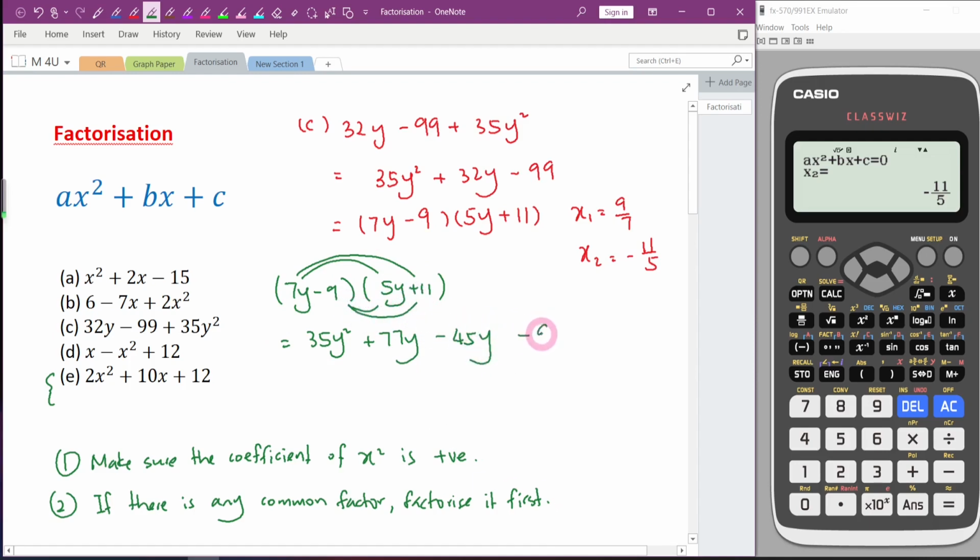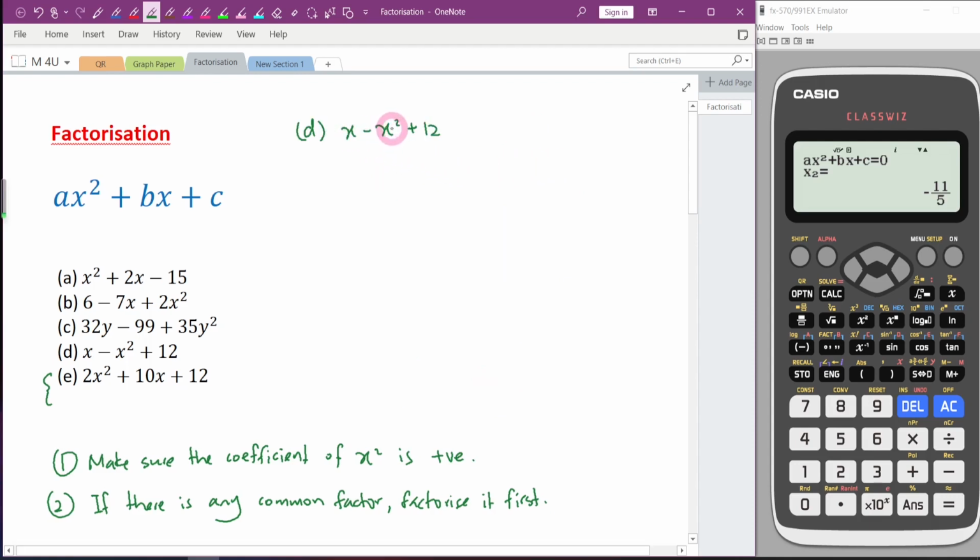Now, 35y squared. These two add up together, you will get 2. This is 32y minus 99. 35y squared plus 32y minus 99. Yes, our answer is correct. Okay, now let's go to part D.